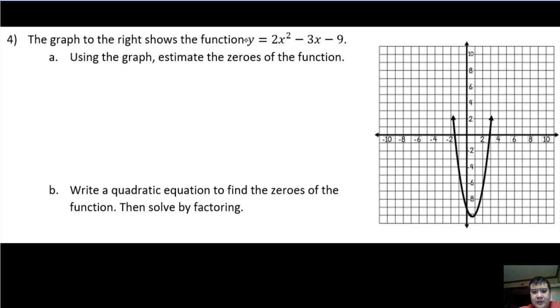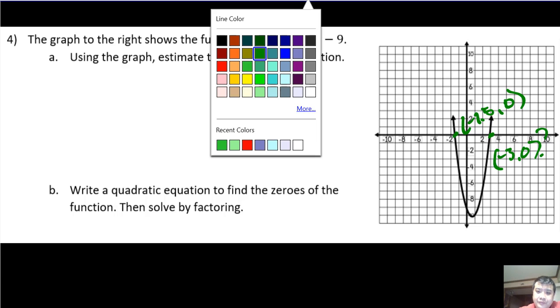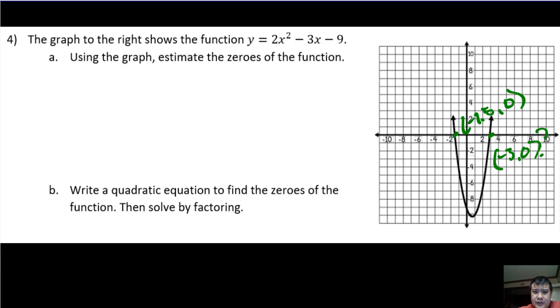The graph to the right shows the function y = 2x² - 3x - 9. Using the graph, estimate the zeros of the function. Well, we can see that it kind of looks like it's going through possibly (-3, 0), and then over here, maybe it's approximately (-1.5, 0).